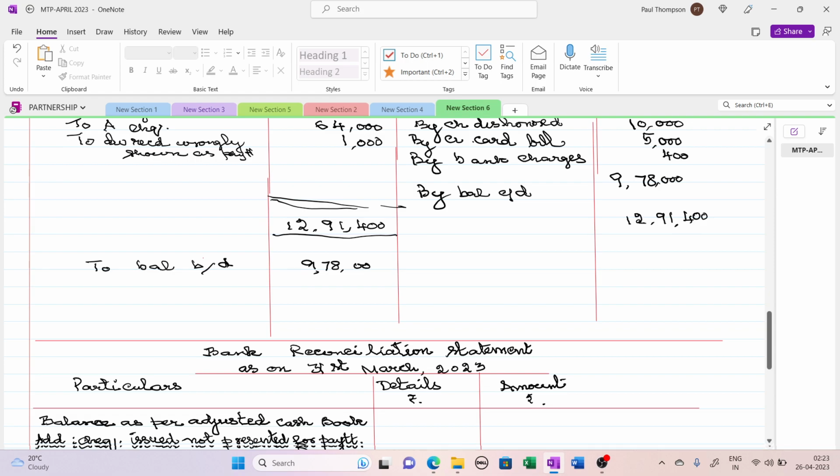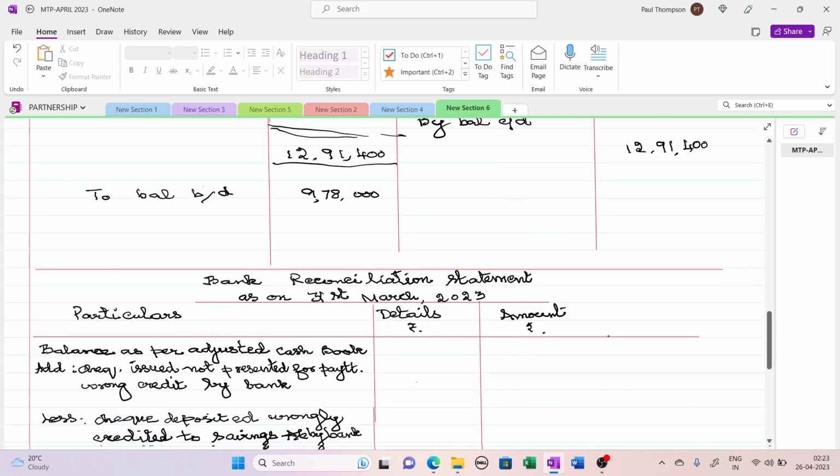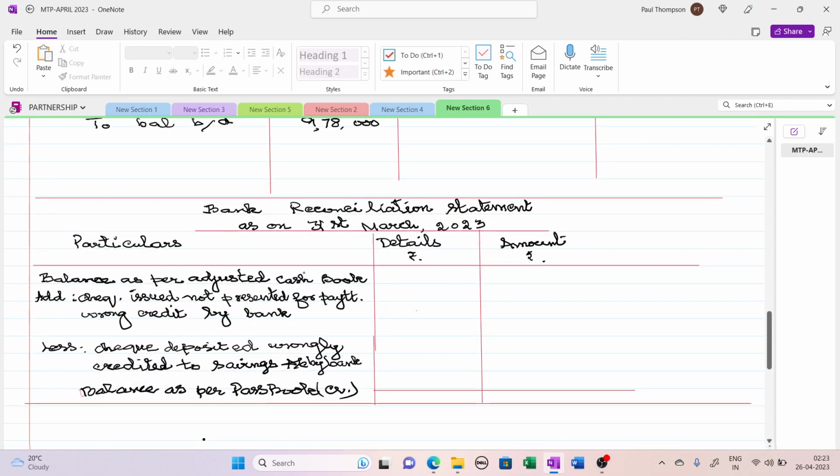You should get the same answer even if you prepare with the adjusted cash book. So balance as per cash book is 9,78,000. So we can only have the timing difference and any mistakes by bank which we cannot do in our book. So we got one entry, that was point number 4 of your question.